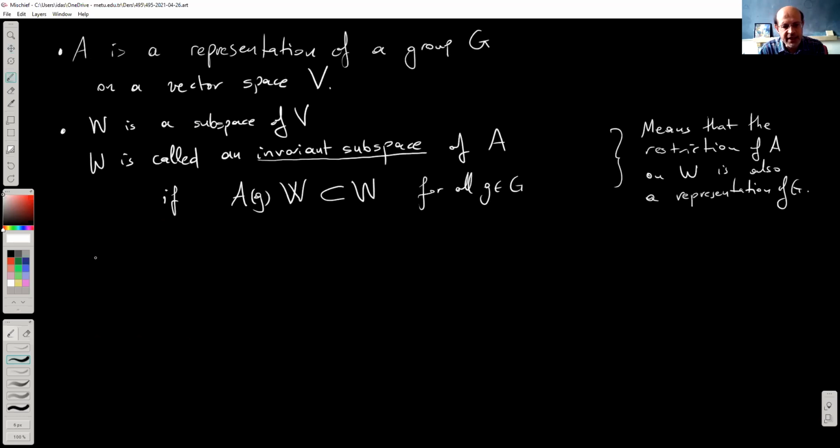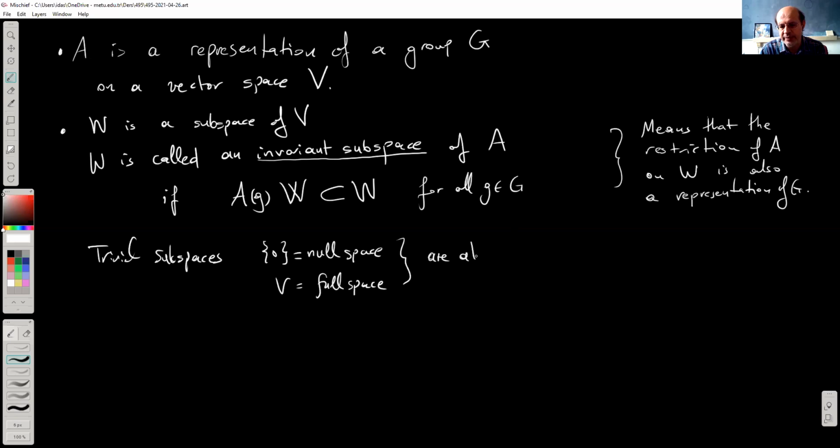So there are always the trivial subspaces. One of them is the null space, and I'm going to call the other the full space. These are always invariant.